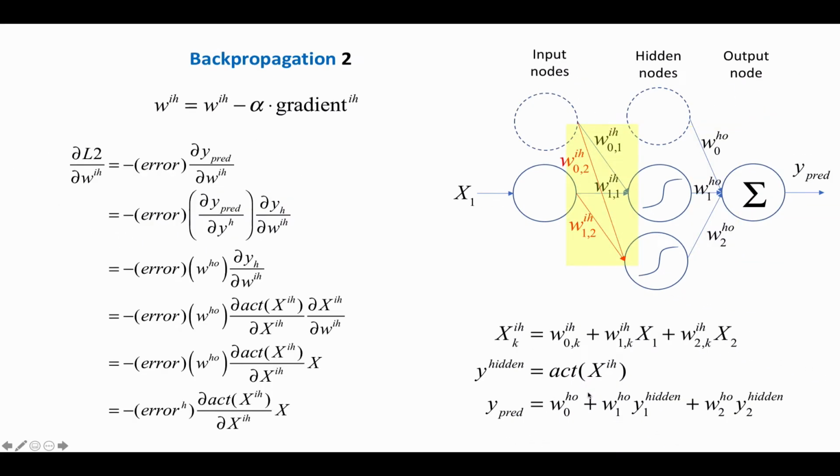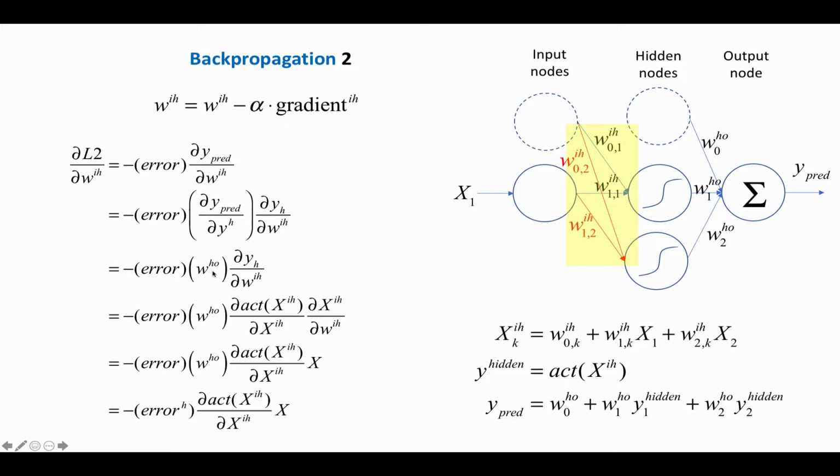So let's look at the input hidden. It's a long derivation, but the main point is that when I take the derivative of y predicted with respect to y hidden, I just get the hidden output weights back. So basically what that boils down to is I have to change the way I do the hidden error.